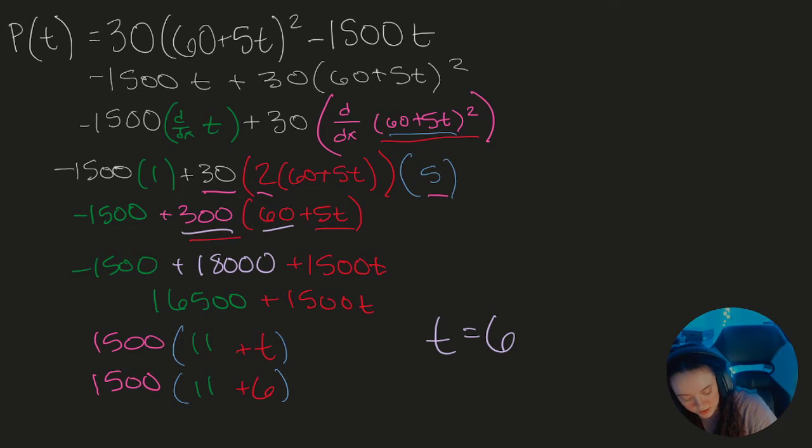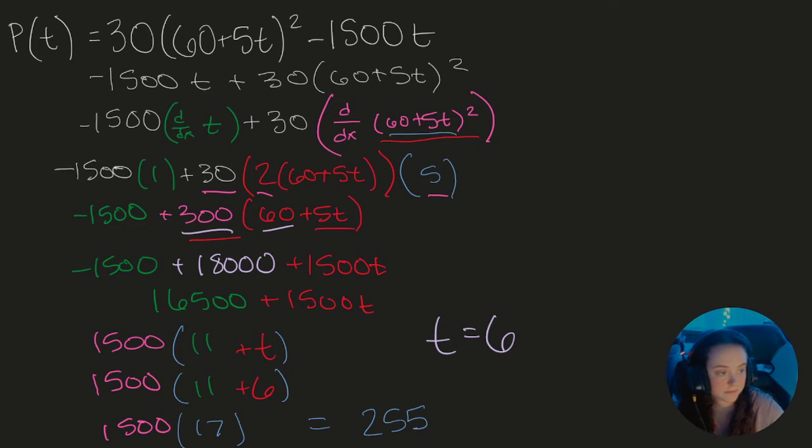You could just put this in your calculator. I'm going to go ahead and solve it because it is pretty easy. So 1500 times 17. And at that point, I would absolutely put it in my calculator. This one gives us 25,500.